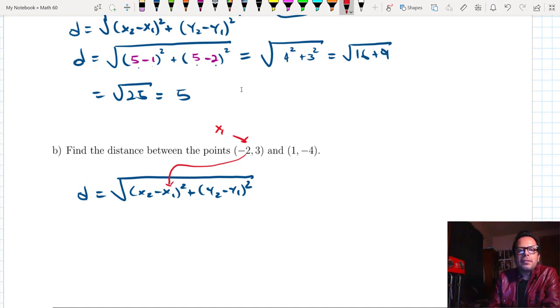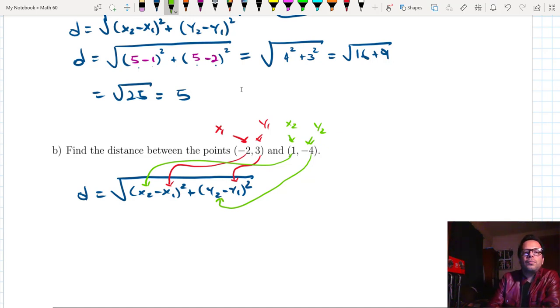This is y1, that's going to go here. And this is x2 and y2 respectively. So 1 goes right here and -4 goes right there. All right, so let's just plug in the numbers and simplify.